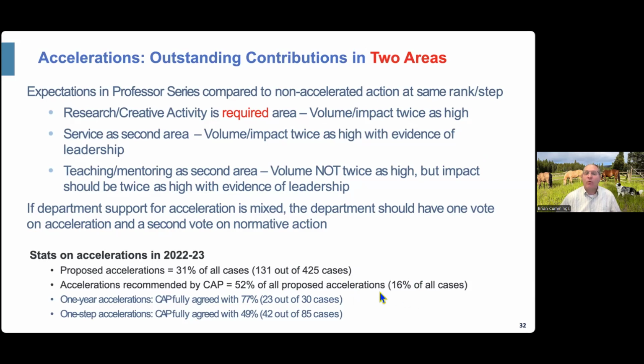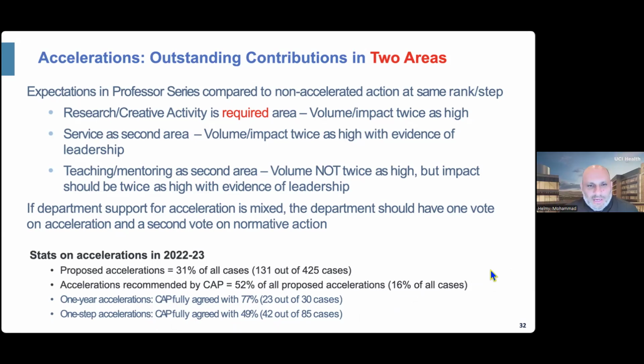If you're going for a 1 year acceleration, that is the lower hurdle. It's still an acceleration, but it's a lower hurdle, and 77% of those cases were successful. But if going for a full step, which is typically a 2 or 3 year acceleration, that only had a 50% success rate. So it depends on how much of an acceleration you're looking for as well.